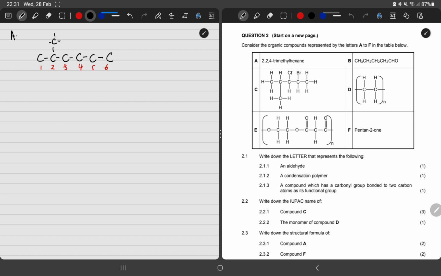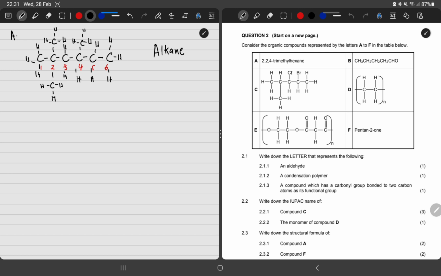So this is going to be CH3, and then I'm also going to have another CH3 there. And at carbon number 4, I'm going to have another methyl. So this is obviously an alkane, and the name is already there.